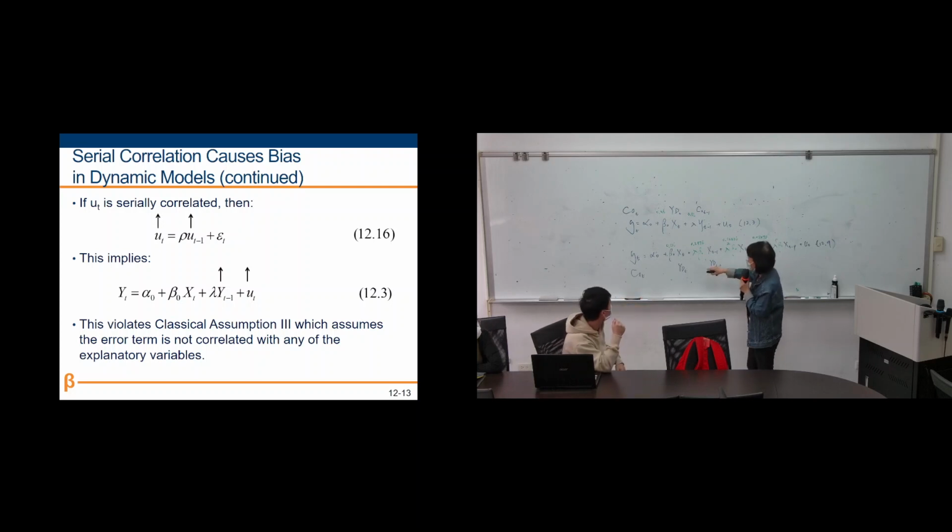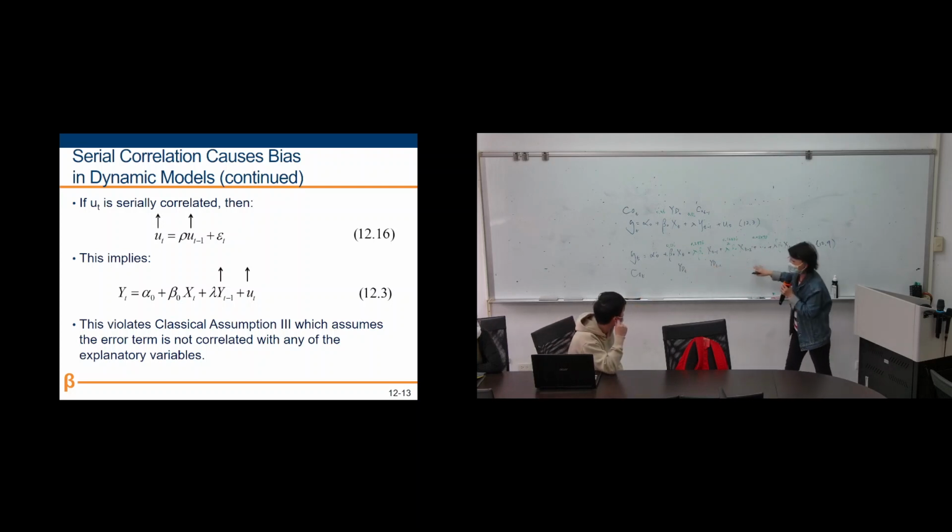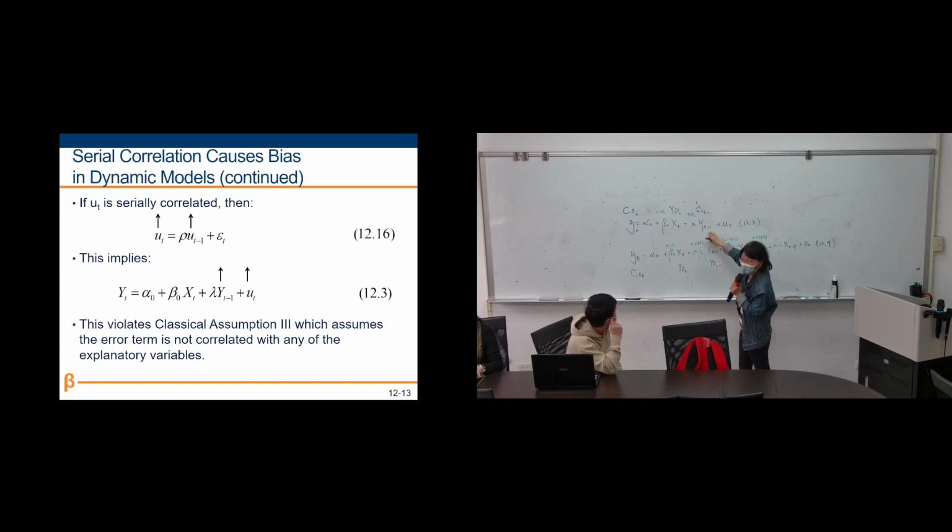Serial correlation. If I run a distributed lag model, theoretically, this is just the problem of multicollinearity, just like what we had in chapter 8. Although if I express the dynamic model, it can be expressed this way, right?